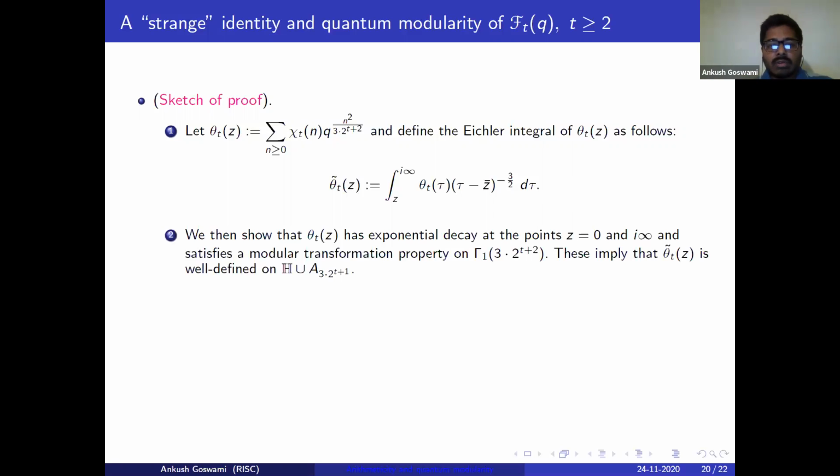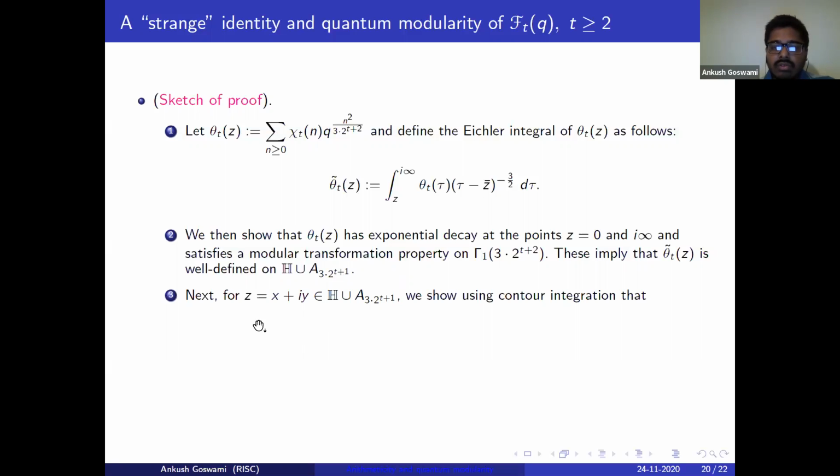And now what we have to show is that this θ_t(z) has exponential decay at the points z equals 0 and i infinity. And it also satisfies a modular transformation property on this subgroup. And these facts imply that θ̃_t(z) is well defined on the upper half plane, including the subset of rational numbers A_{3·2^(t+1)}.